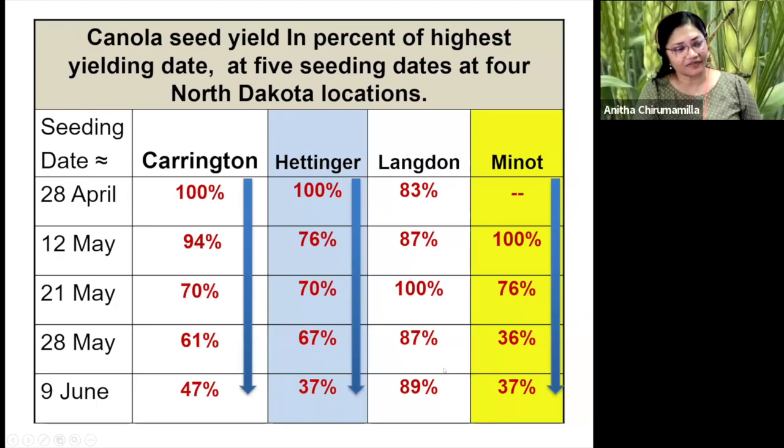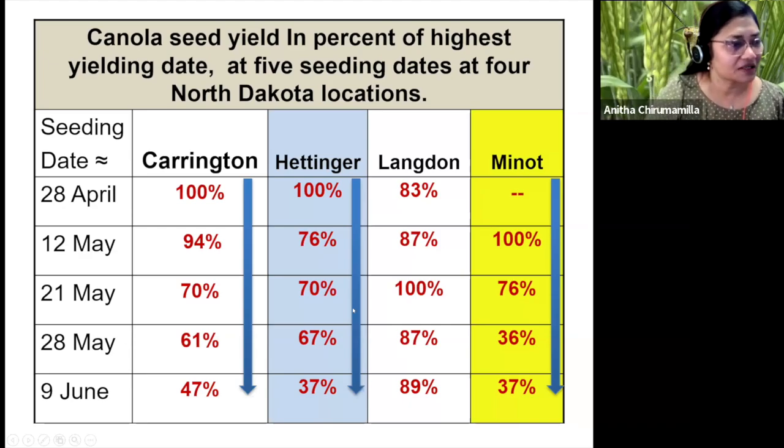With the exception of Langdon, all the other 3 centers, Carrington, Hettinger, and Minot, showed that early planting is beneficial or had good yields, and as you push the planting date to later dates, the yield drops down, and sometimes when it reaches June, it's significantly lower. But Langdon is pretty much standard.